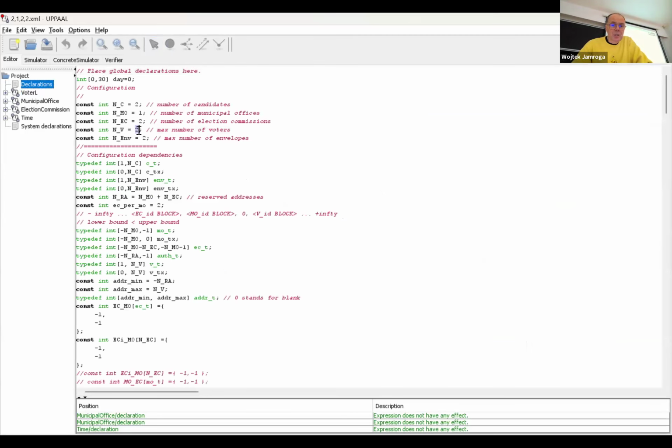In this case, it's 2 voters. 2 instances of the template will be featured in the verification. For other components, in this case we take 2 electoral commissions, 1 municipality office. There are 2 candidates and 2 envelopes.